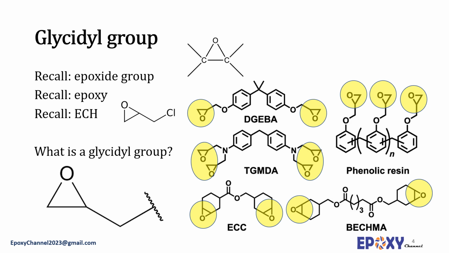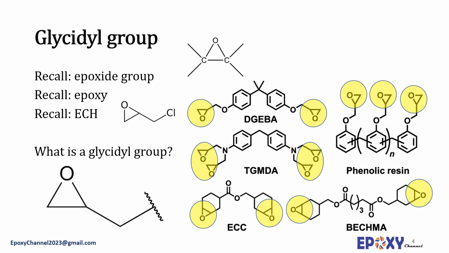For now, let us focus on the glycidyl group. If we recognize this group in an epoxy structure, we can put the epoxy in the glycidyl-based epoxy groups. Starting from scratch, let us recall the oxygen ring or the epoxy group. Here you can see a schematic of an oxygen ring.